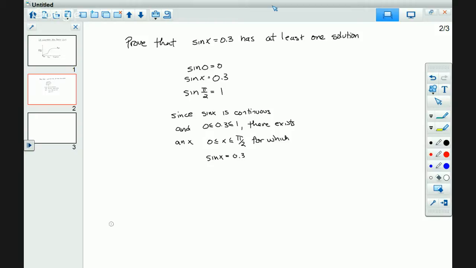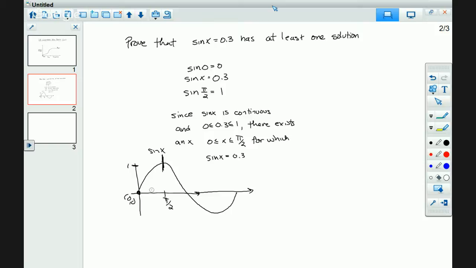So graphically, remember sine looks like this, right? So basically we've said between here's 1 and pi over 2, here's 0, 0.